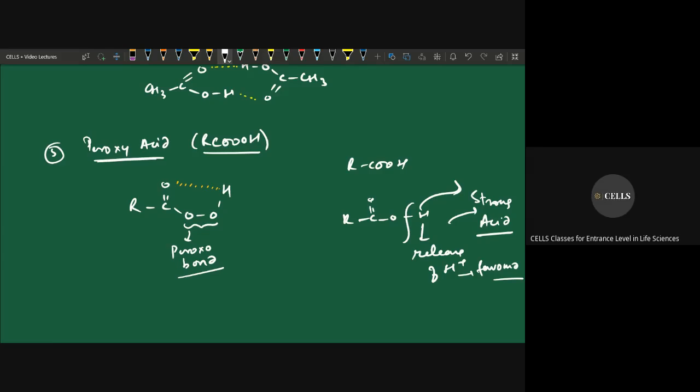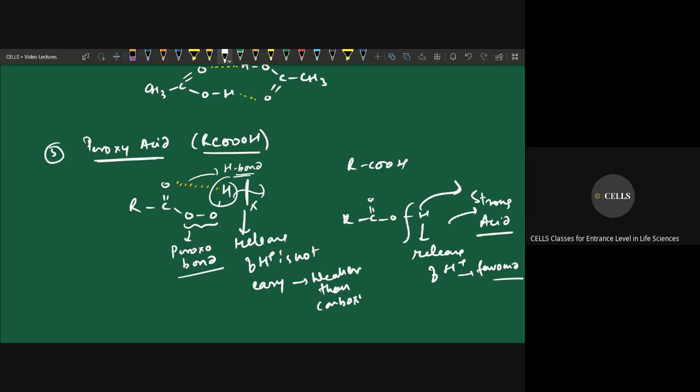But as there is a hydrogen bonding in the peroxy acid, the release of H plus is not so easy. As the release of H plus is not easy, that's why it is a weak acid, weaker than carboxylic acid.